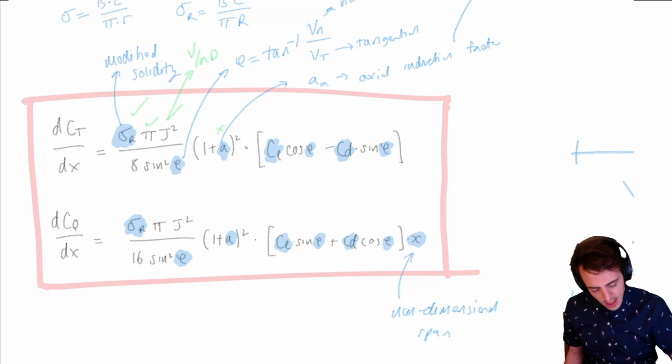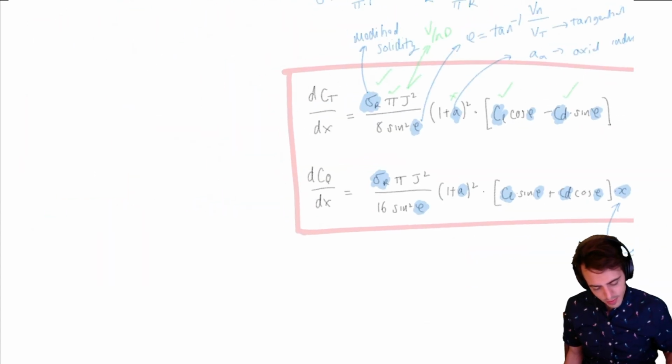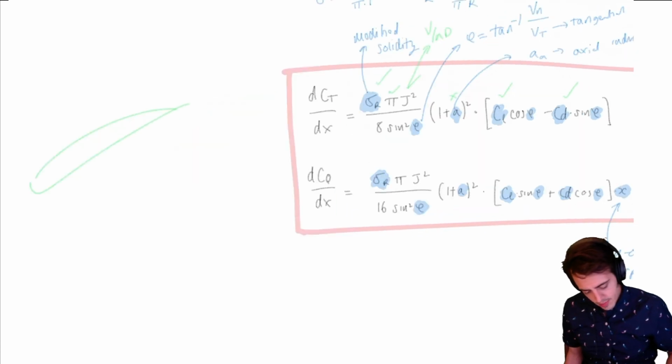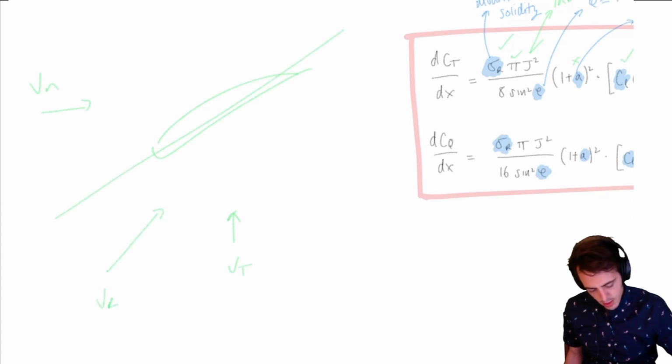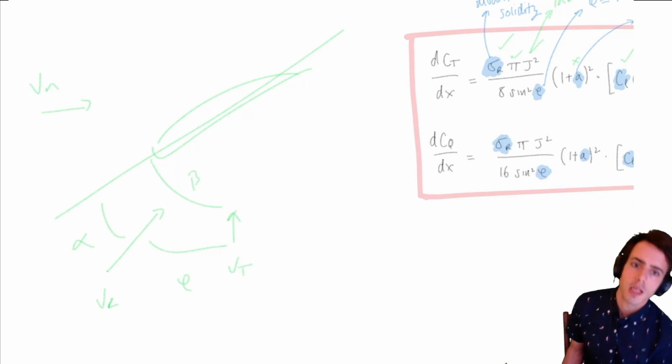CL and CD, well, I'm going to put a tick next to them, because if we know what the angle of attack is, so if we know what's coming into our propeller section, if we know Vn and Vt, we've got Vr, we can determine alpha, because this angle here is the advance angle, this total angle is beta. So we can determine the angle of attack.